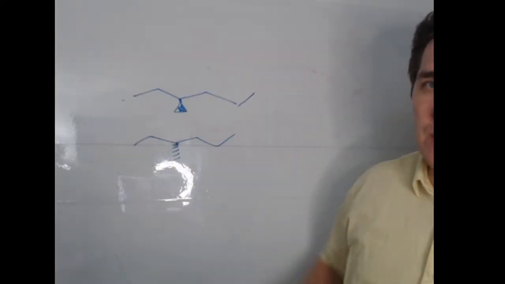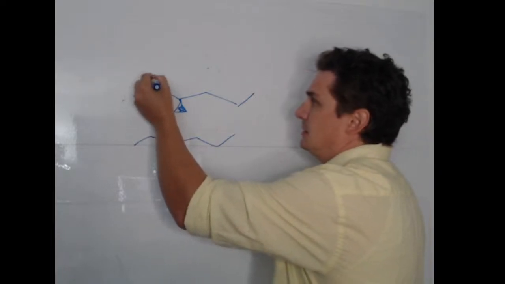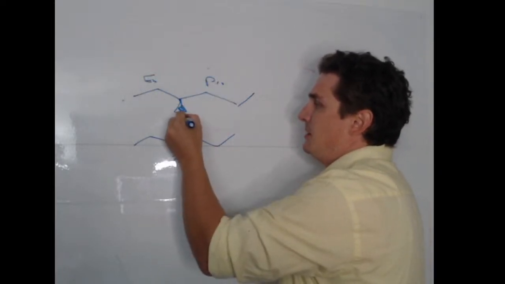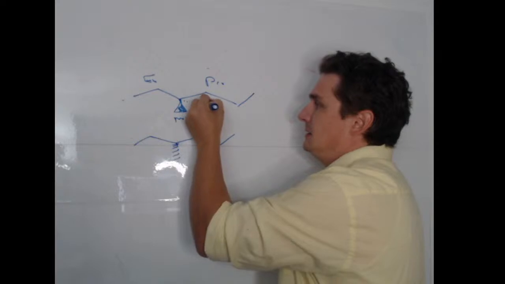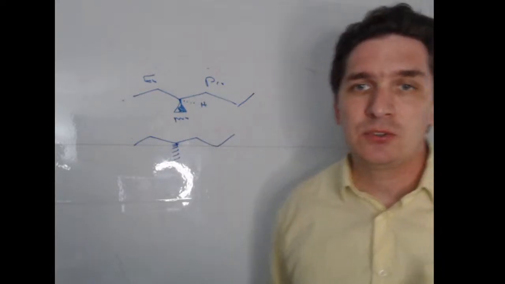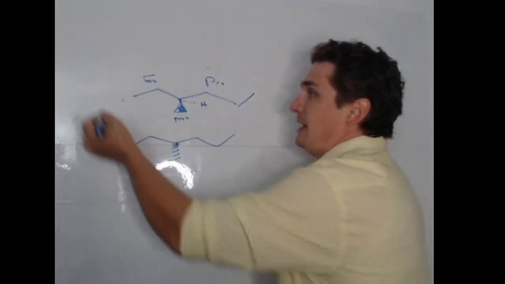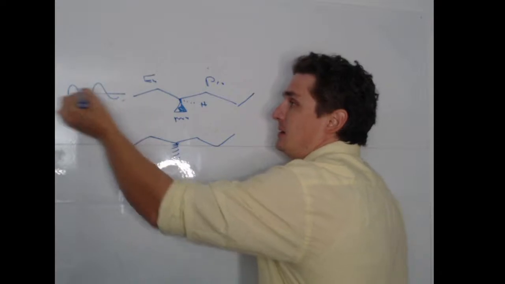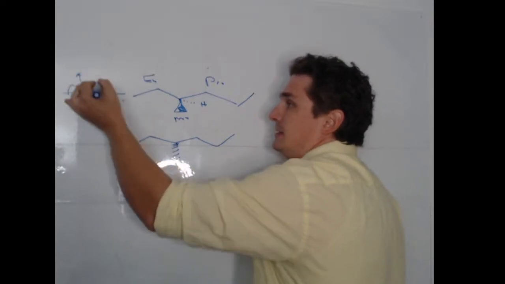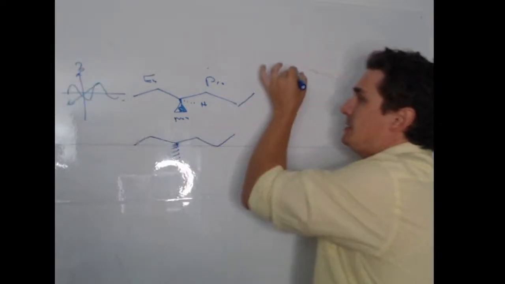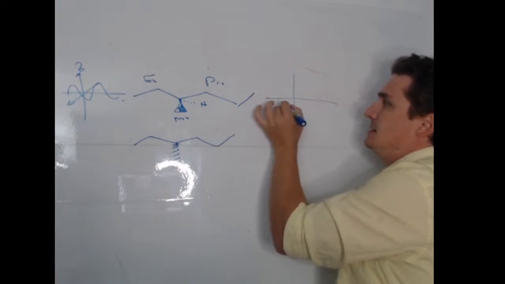So here I have a carbon that has an ethyl group, a propyl group, a methyl group, and a hydrogen. These are 4 separate groups. They're all going to bend the light differently and not cancel each other out. And because we don't get this canceling, if we were to have polarized light oriented in the z-axis, it would actually rotate off axis.